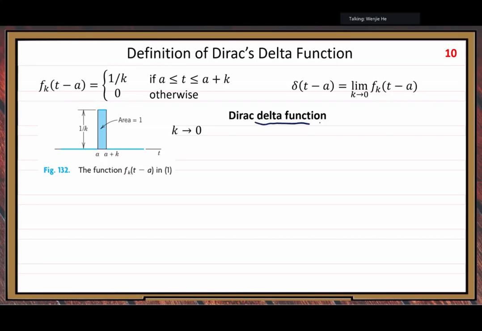So some people use a slightly different name to call it. Since it's not a valid function, some people call it a generalized function. We generalize it a little bit.